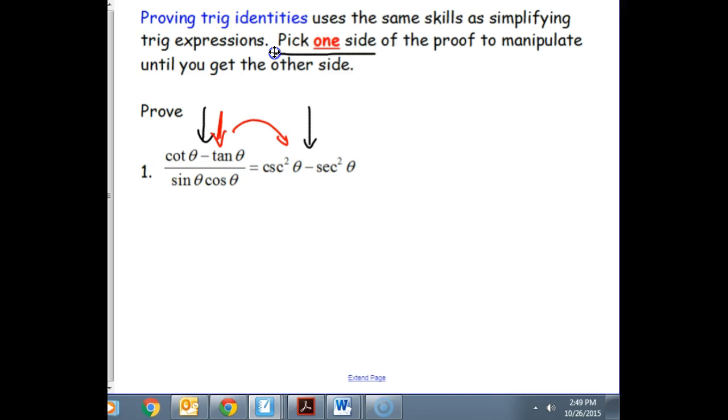We're actually trying to create the other side by using proper algebra and identities. Okay? You have to use the actual math behind this. You can't make up math. Okay? You can't just randomly come up with different things. Alright, let's get started.